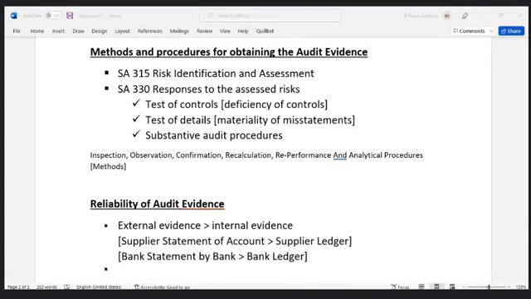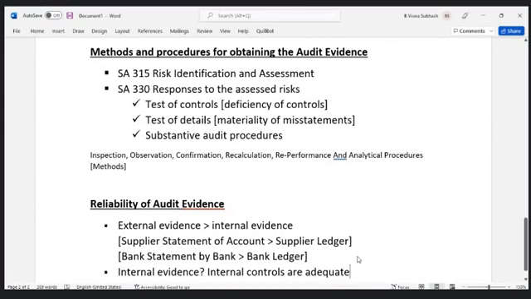Next. When is the internal evidence appropriate? When can you consider the internal evidence as an appropriate number? When the internal controls are adequate. If the auditor believes that the internal controls are adequate and reliable, or you can simply use the word efficient and effective.